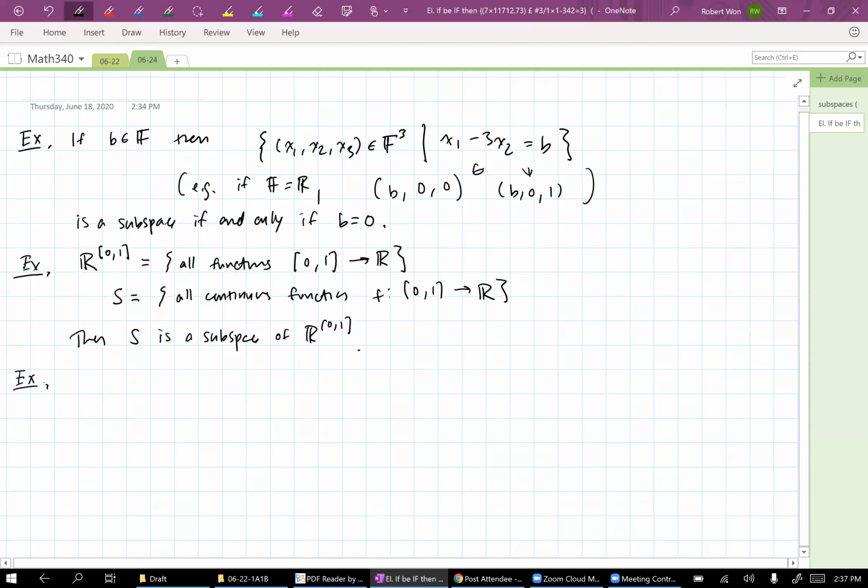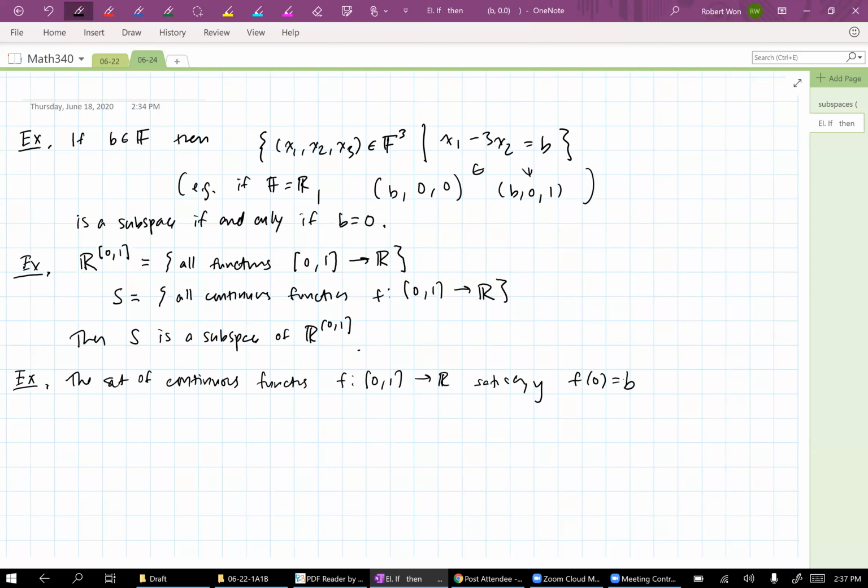Okay, another example. So the set of continuous functions again from this domain to R, satisfying f(0) equals b, right? So for some fixed b, you can say, okay, let's consider all continuous functions that take on the value b when evaluated at 0.